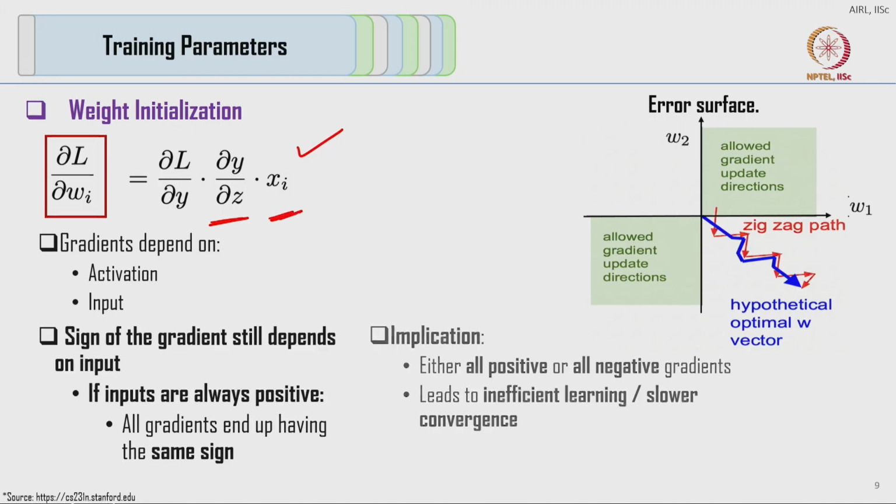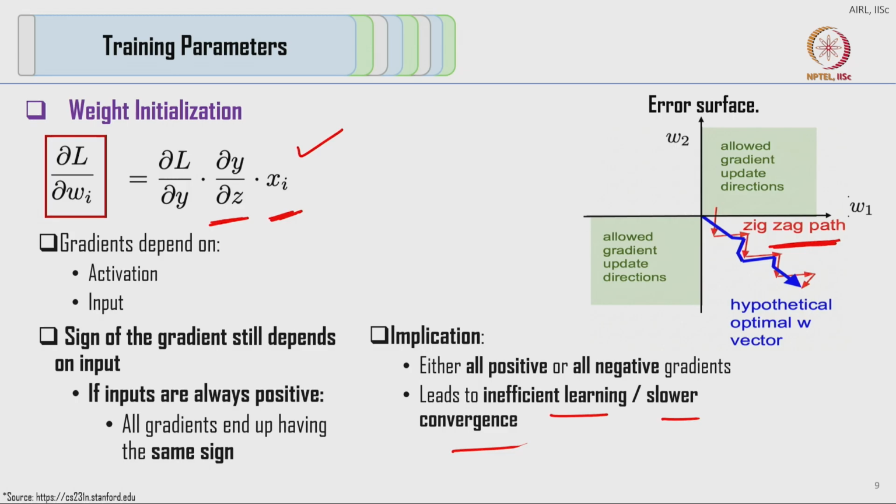And as we saw in the last example, the sign of the gradient depends upon the input. If that happens, then we observe a zigzag path to theta star rather than an optimal straight path, right, and this affects the convergence. It leads to inefficient learning and slower convergence throughout the whole training procedure.